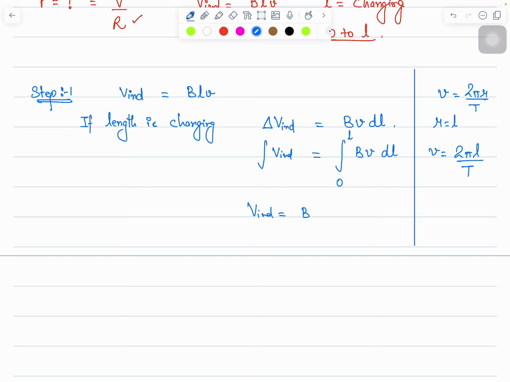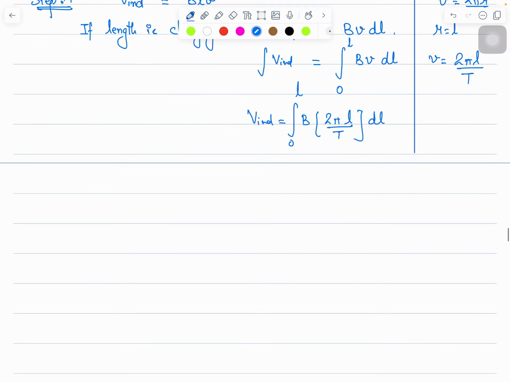Okay, place it here. So B times 2 pi L divided by T dL, integration 0 to L. Okay, now just solve this. So V induced is equal to B times 2 pi divided by T. Take it out. Integration L dL, 0 to L. Okay, solve this. Here I will solve it for you.